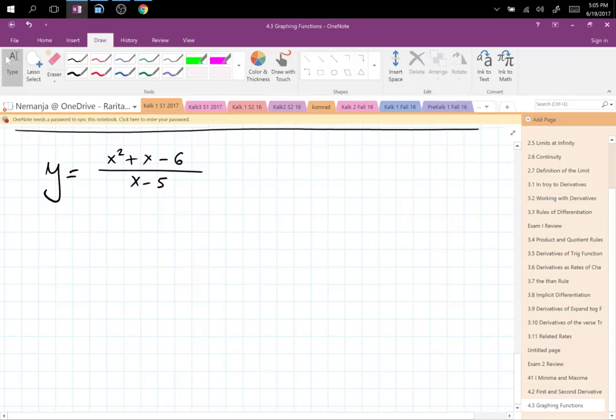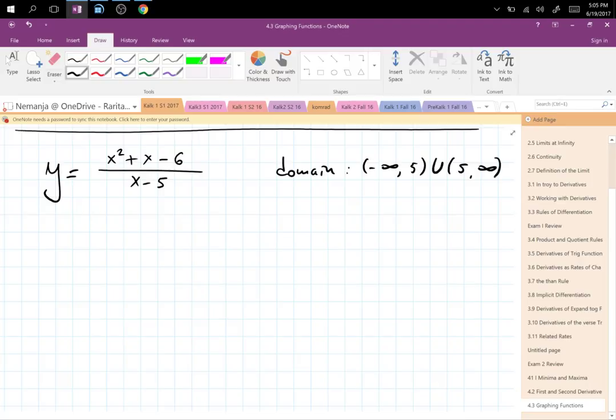So we are going to get the domain as negative infinity to 5 union 5 to infinity. And we see that 5 is the only problematic point that we might run into, so we'll keep that in mind. Might show up again.